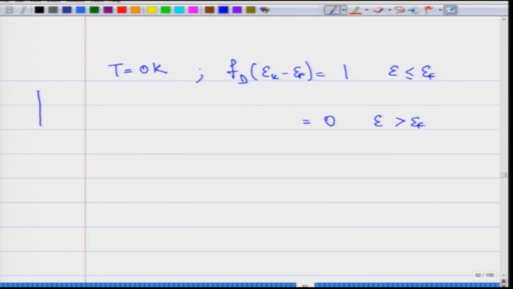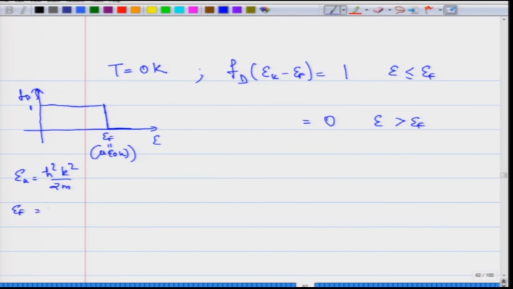If you recall the Fermi Dirac distribution as a function of energy, at 0 temperature it was 1 up to the Fermi energy, which is the chemical potential at 0 Kelvin, and then it falls to 0 afterwards. Now, the energy also, you know that it is h cross square k square by 2m.